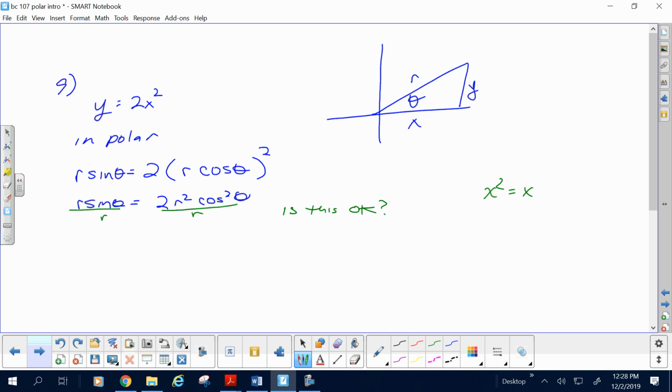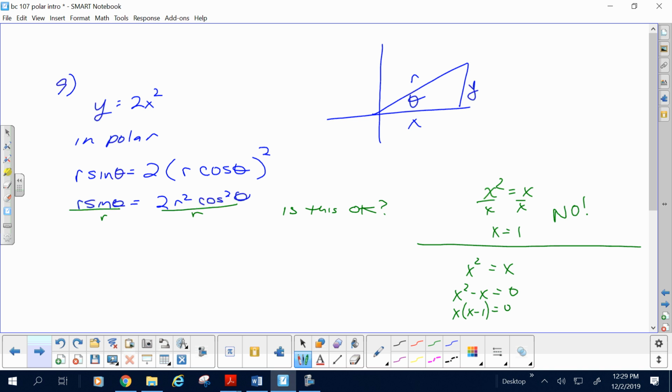This is where you were taught, do not divide that x out. You will lose a solution. If you divide an x out, you say that x is 1. And you were taught properly that that's a bad math approach. What is the appropriate way? Move everything over. You've been taught so well.